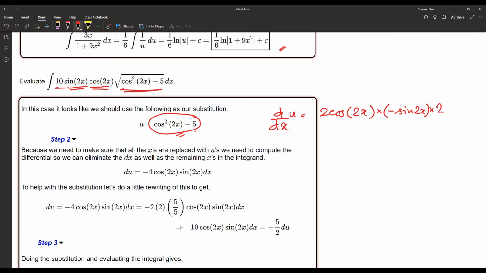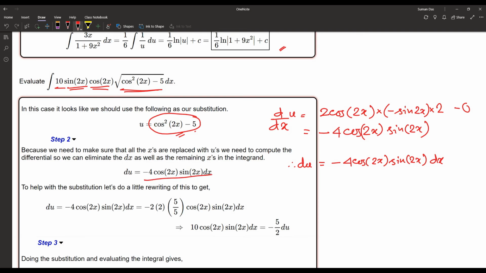Finally the 5 differentiates to 0. So that becomes -4 cos 2x sin 2x. So du is equal to -4 cos 2x sin 2x dx, and here the integrand has been given 10.